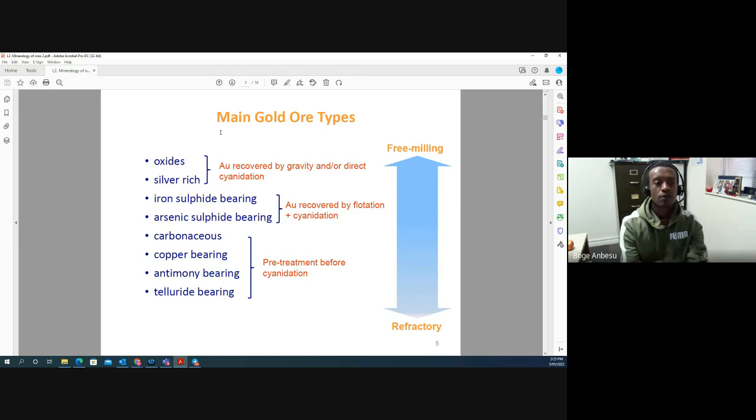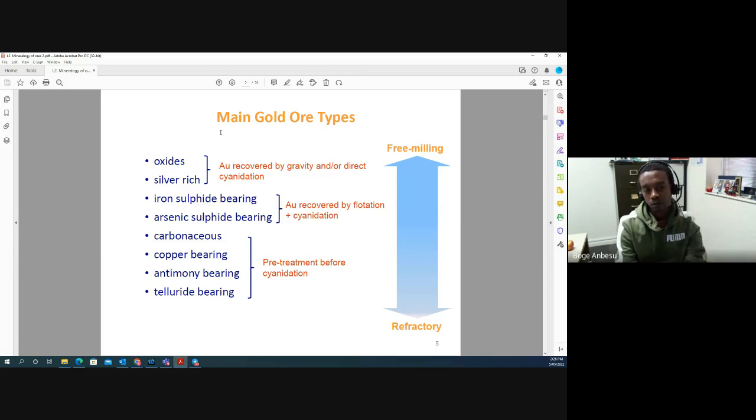Okay, as you look into other gold ores, some gold ores are carbonaceous. It means there is a carbon material in close association with gold, or maybe the gold is finely disseminated in carbonaceous matter.